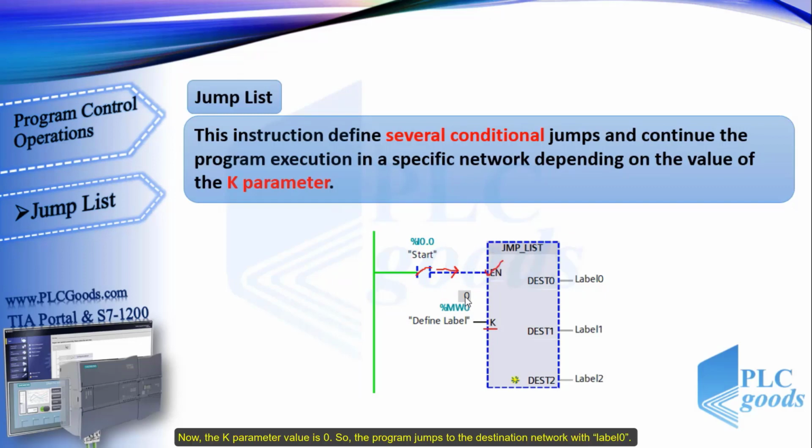Now the K parameter value is 0, so the program jumps to the destination network with label 0. If the K parameter value was 1 or 2, the program would jump to network with label 1 or 2. We can increase the number of destinations up to 32 places.